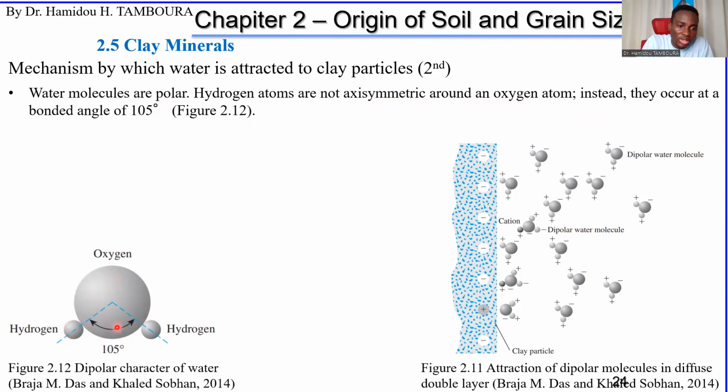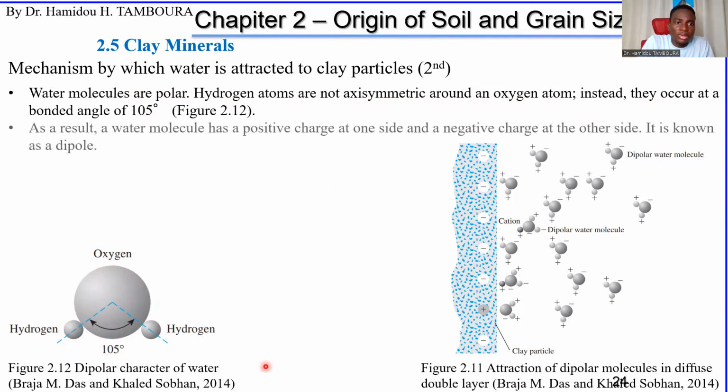We have hydrogen here, and oxygen here. As a result, the water molecule has a negative charge at the oxygen on one side, and positive charge at the other side. Like here, all these are molecules of water, positive, negative. This is known as a dipole.